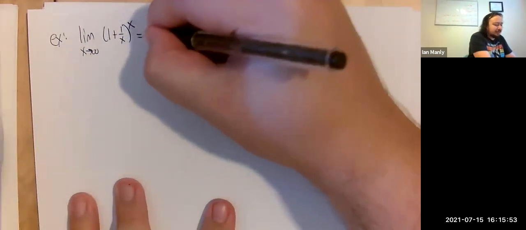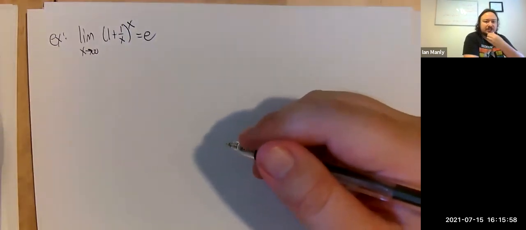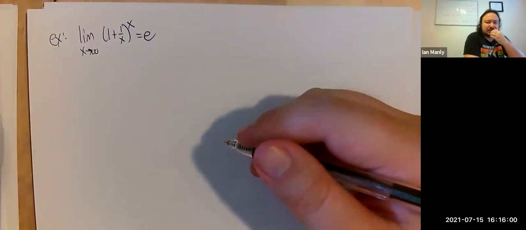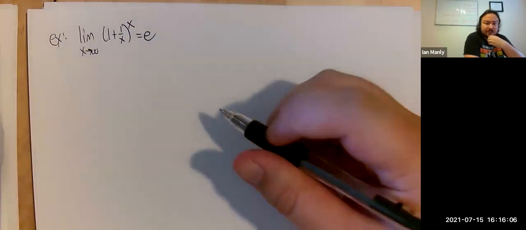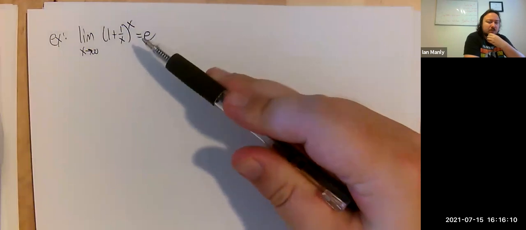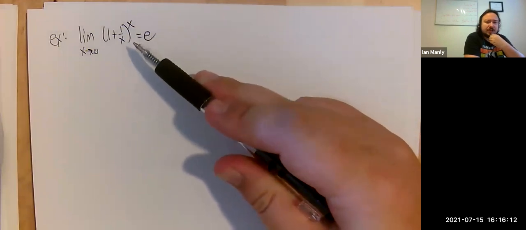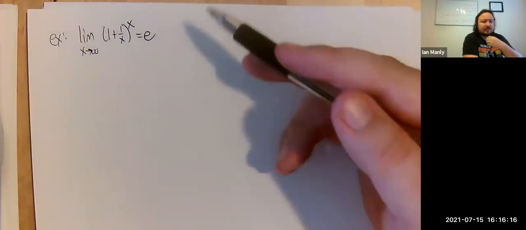This is actually going to be the number e, so 2.71, et cetera, et cetera. So this limit here is often used as a definition for e. So this is where a lot of people consider the number e to come from. But using L'Hopital's rule, we can show that this limit will end up equaling e.